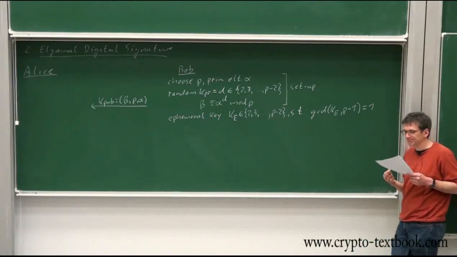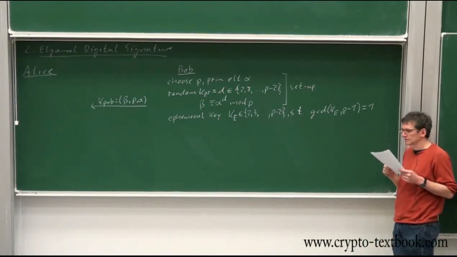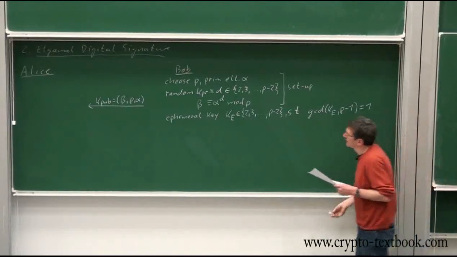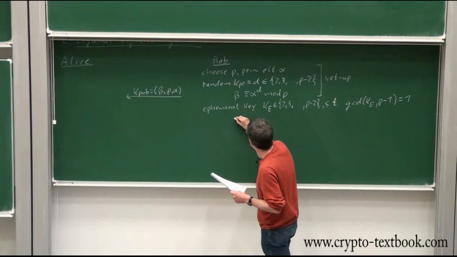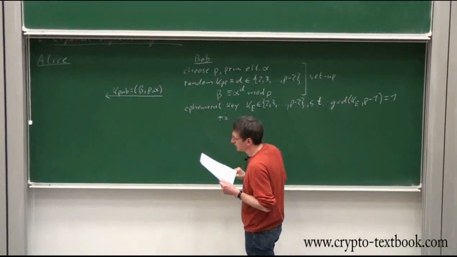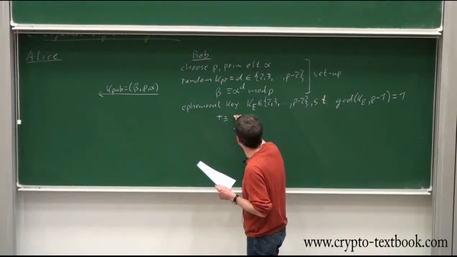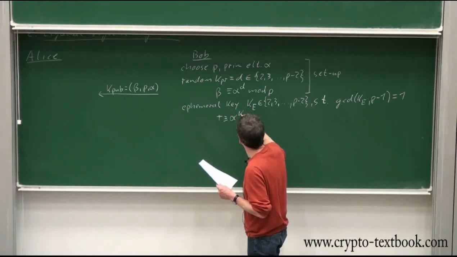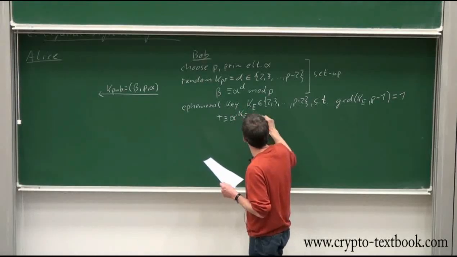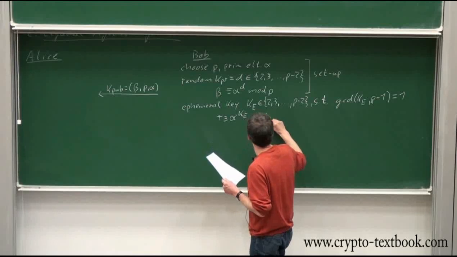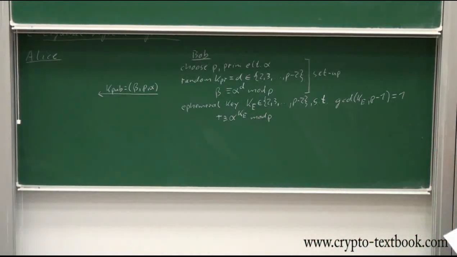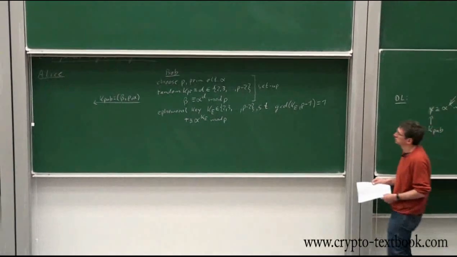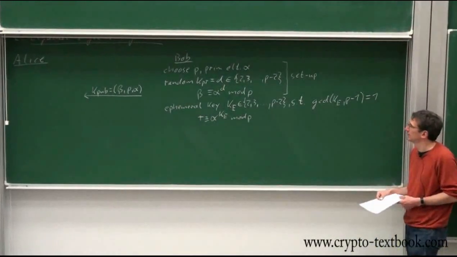Now another parameter R is computed, which is alpha to the ke modulo p. So this is another discrete logarithm we compute. Not all that surprising, maybe.